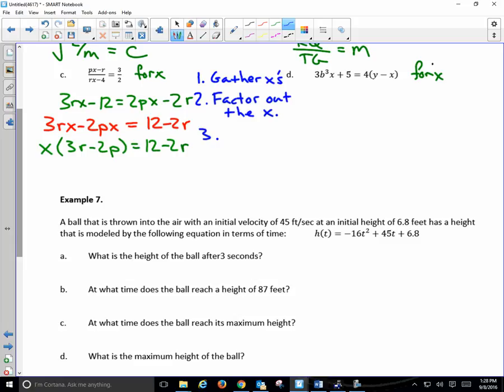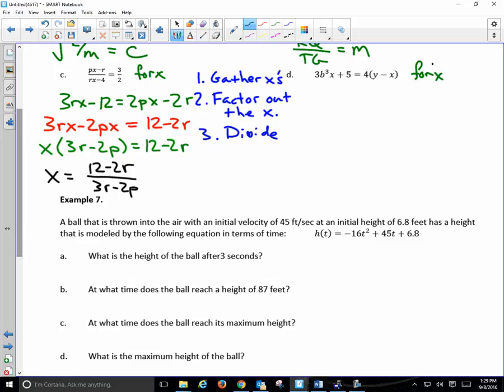Now I just have one x. So what's my final step? Divide. Not too bad, huh? Nice little trick. Okay, just factor out the x and all of a sudden it's isolated.